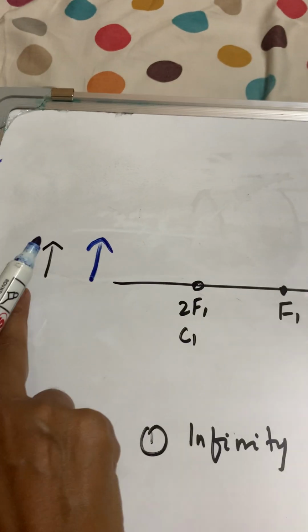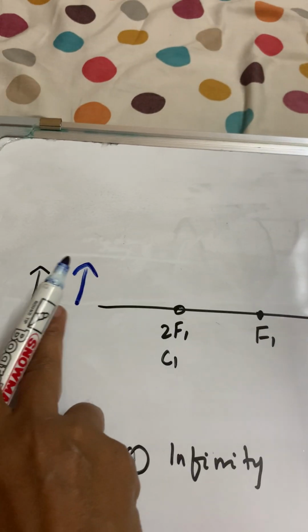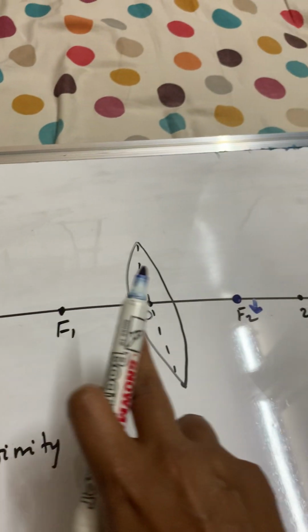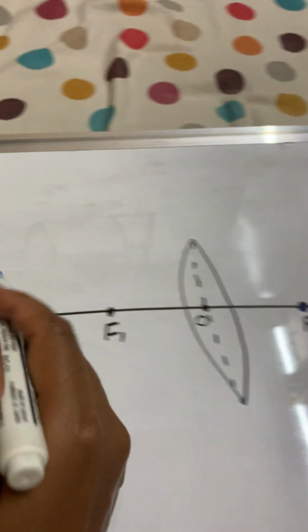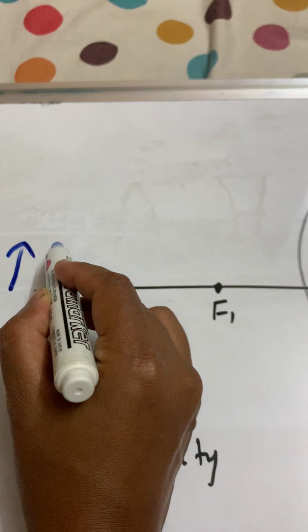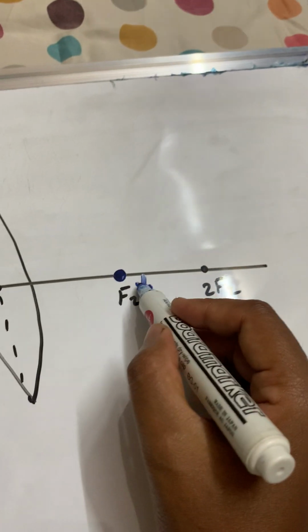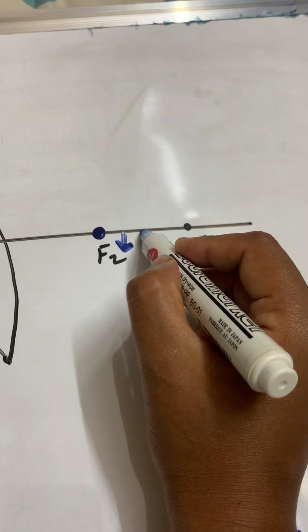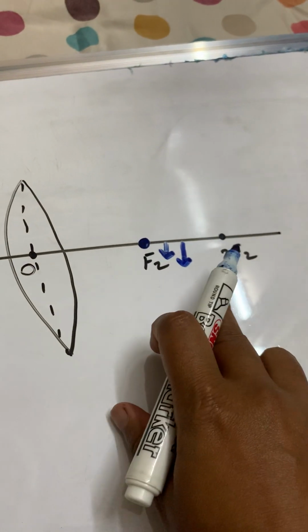At infinity, the image will be at the focus point size. As the object is approaching nearer, the image will be shifting away from f2, with an increase in size. The same object you are bringing here, and the image will be further shifted, with an increase in size, still inverted.